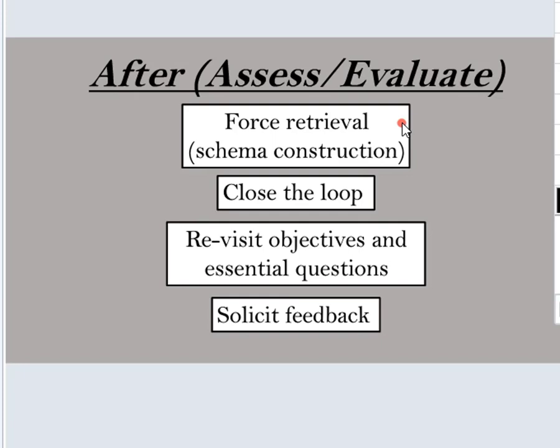So it's this iterative loop of information encoding, and then we move it from our working memory into schema, into our long-term memory, and then we retrieve it over and over and over again. And that's how those complex schema end up being formed.